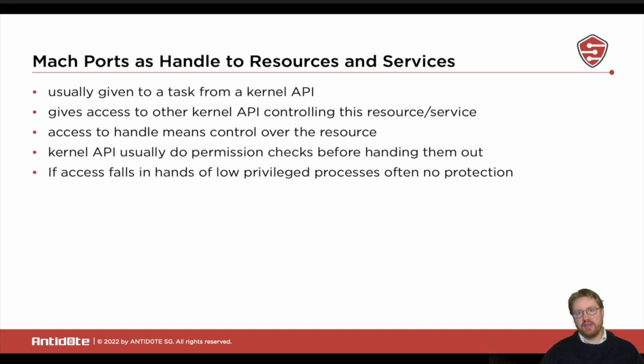Of course, this has been abused in exploits, so for various ports, Apple has nowadays changed it a little bit. But the basic idea in Mach was that the moment you have access to the port, you should be the controller. Yeah, and that also means that for many types of ports, the moment they fall into the hand of a low privileged process, there's no further protection.